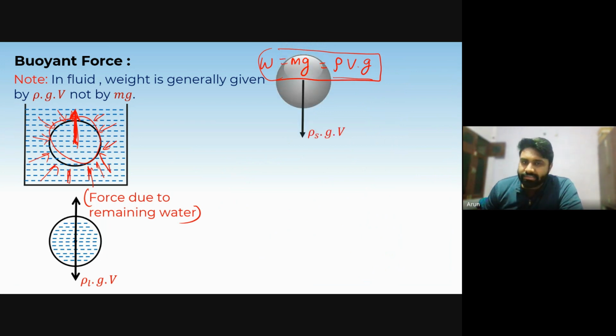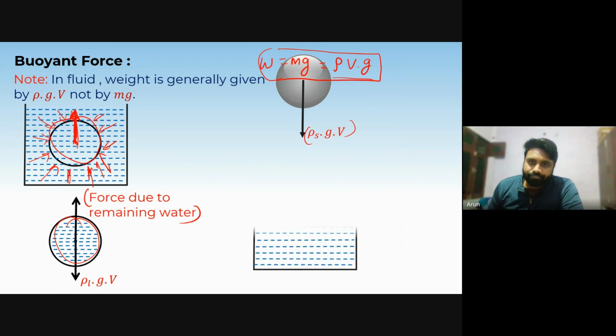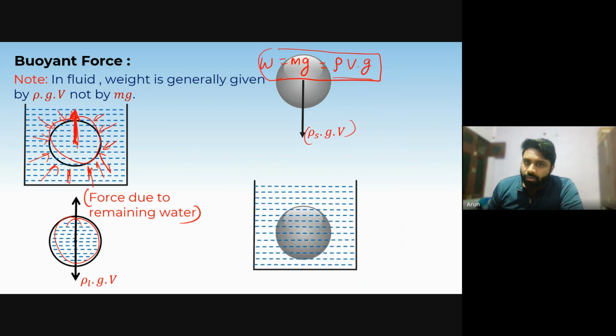If you take this as the liquid ball, okay, we have just imagined it, but this is the proper solid ball we have taken. So the weight of it will be rho of solid, the density of the solid, into gravity into volume. If we drop it inside the liquid, it must displace some amount of the liquid because it is solid, so the liquid cannot fill inside it.